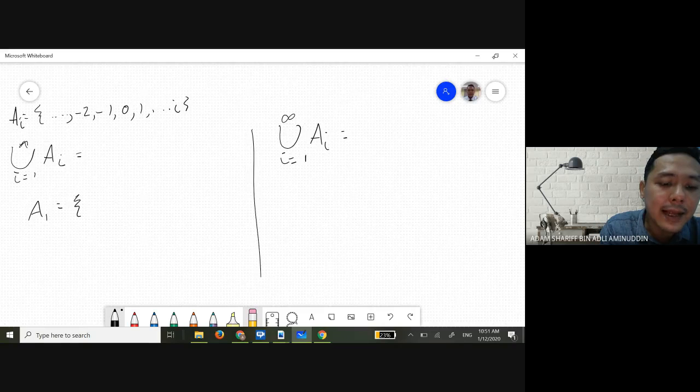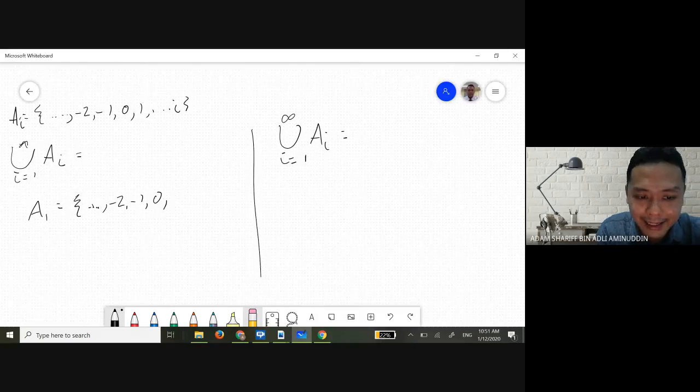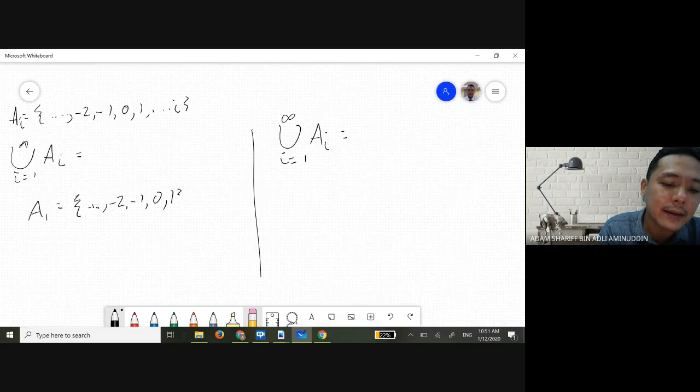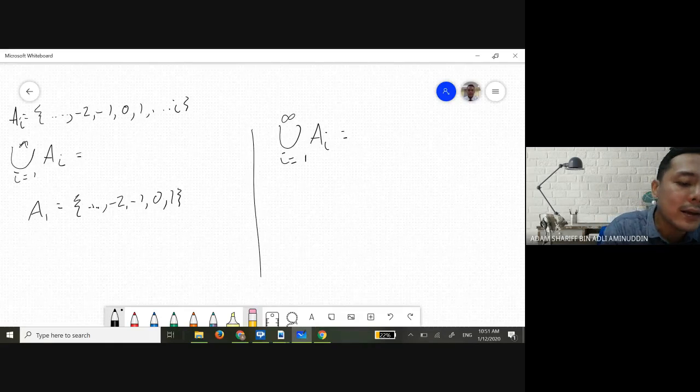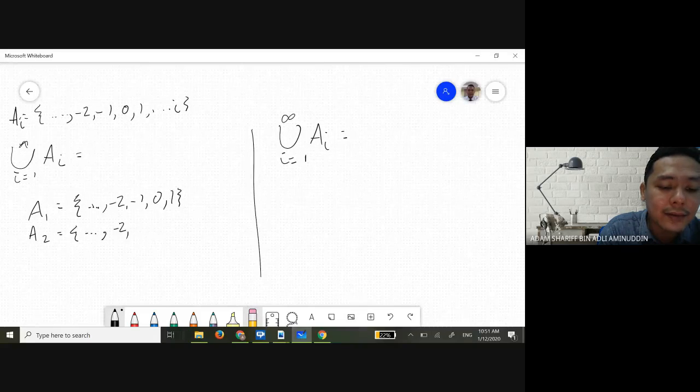It means that it's something that is very negative, -2, -1, 0 until I. Maksudnya sampai 1 je. Kalau A tu something very small, very negative, sorry, -2, -1, 0, 1, 2.